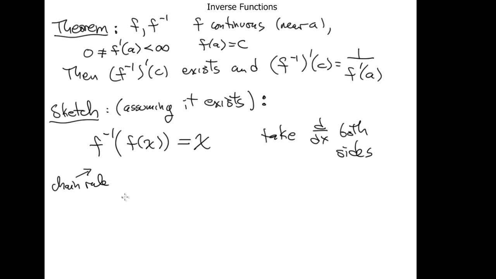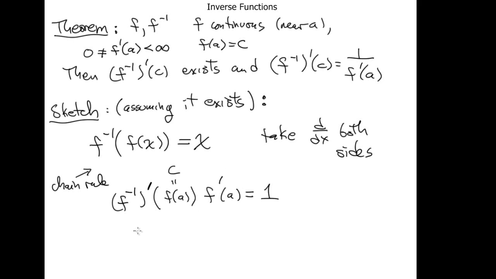To take the derivative of this side, you need to use the chain rule. So that is to say, you have to compute f inverse prime at what point? Well, f of a, and then the second term is f prime of a, and that's equal to the derivative of the other side, which is 1.